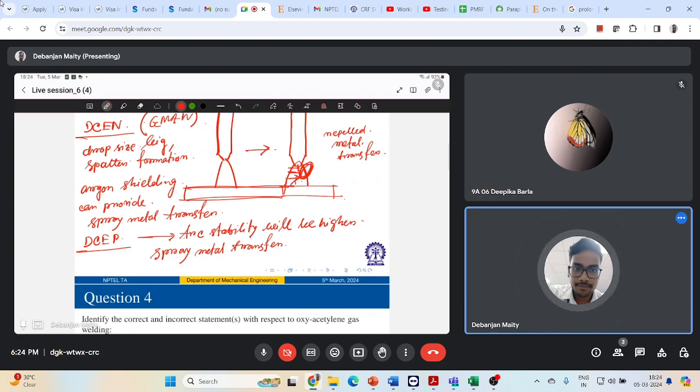So with DCEP, if you are varying the current, with varying current, your drop transfer rate also will be varying, right? So we have talked about this. At low welding current, if you are using, let's say, argon shielding gas, they develop a droplet diameter which will be more than the diameter of the electrode.